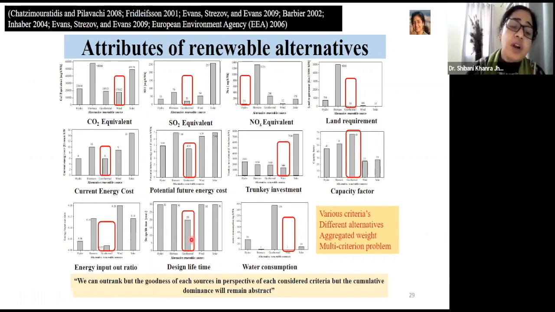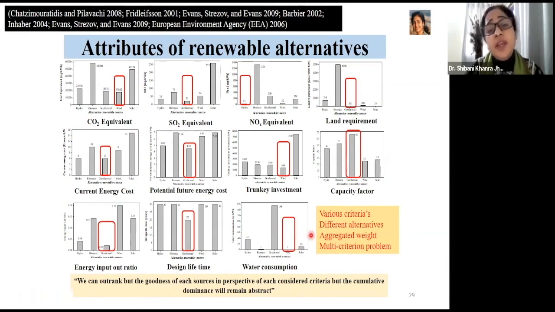So we have taken the lower design life and based on that we have evaluated the geothermal resource. Water consumption is one of the largest in case of geothermal, because water drives the heat which is extracted, whereas it is least for wind.